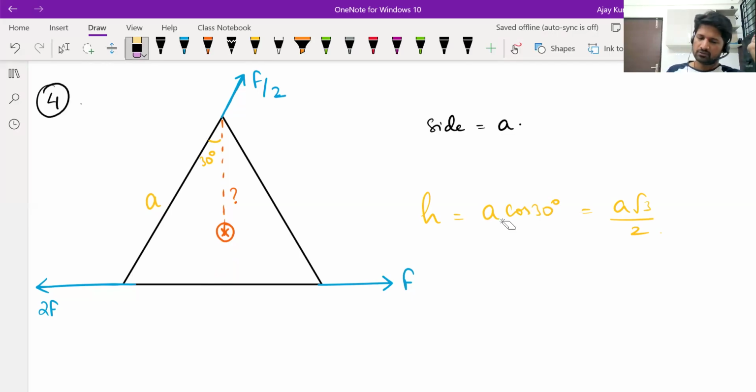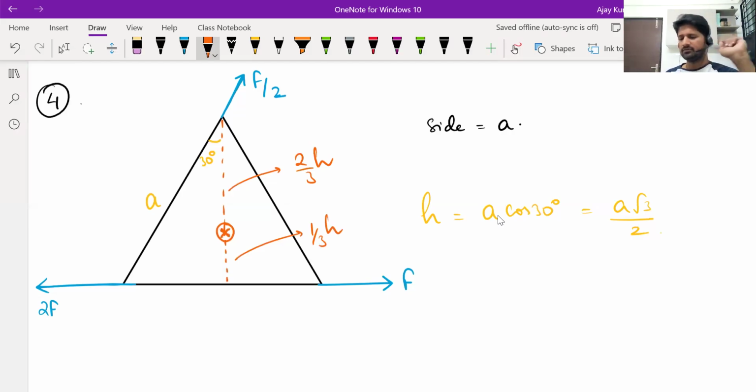So this distance that we are interested in is 2/3 of the height. And from centroid to the side of the triangle will be 1/3 of the height. Make use of these distances and find out the torque produced by each of these forces.